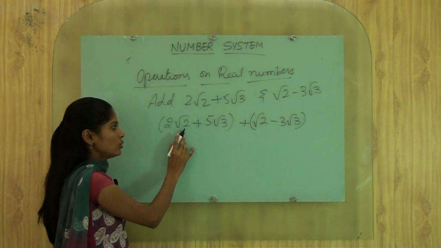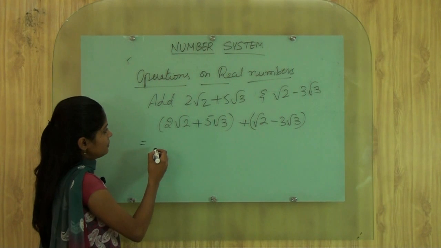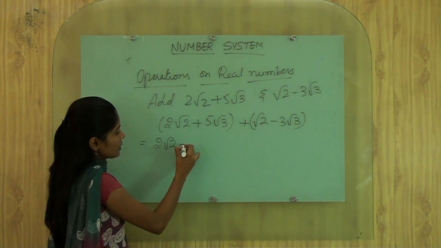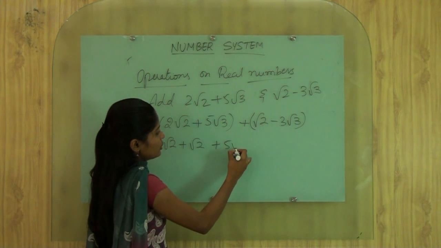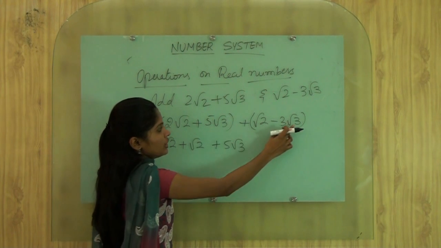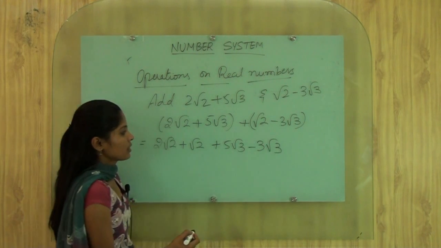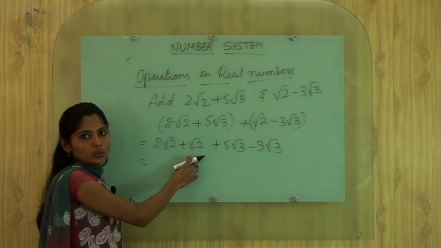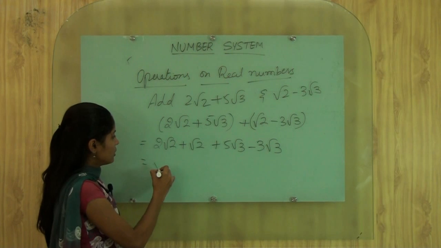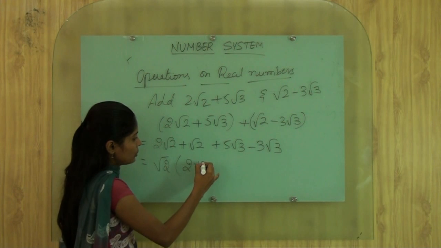Here we have root 2, here also we have root 2, so group them. 2 root 2 plus root 2, plus 5 root 3, here also we have root 3 minus root 3. Group them. Now you can take root 2, which is common here. So the value becomes 2 plus 1.